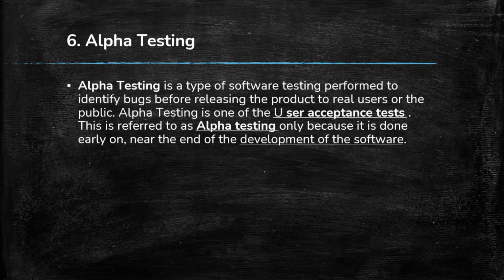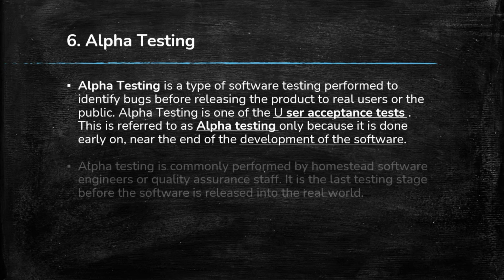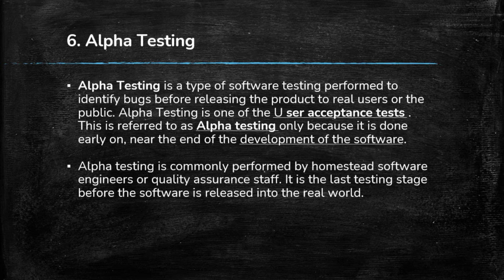Alpha testing is done inside the company, or inside the development team. It is commonly performed by in-house software engineers or quality assurance staff. It is the last testing stage before the software is released into the real world.